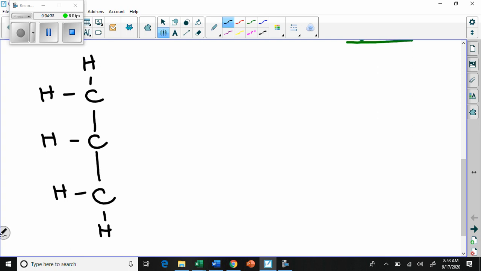Okay, so let's just draw the OHs in. And now what I'm going to draw is another molecule that happens to also be floating around that you can name. I'm going to draw it like this. I'm going to put H and an O and a C and a double bond O like this.